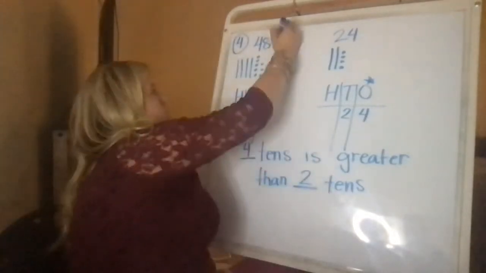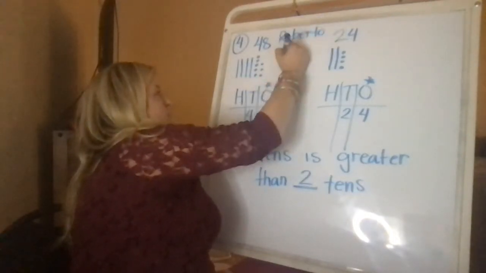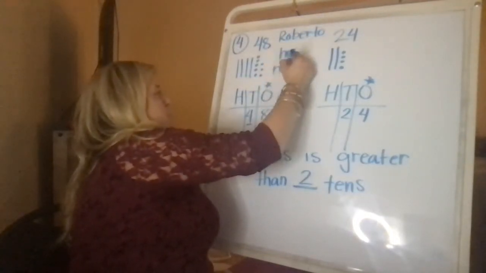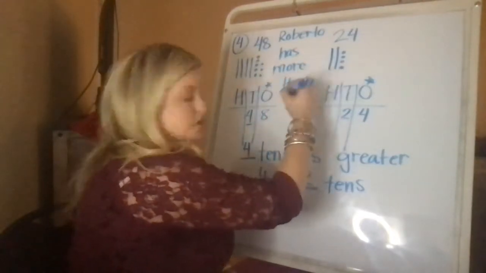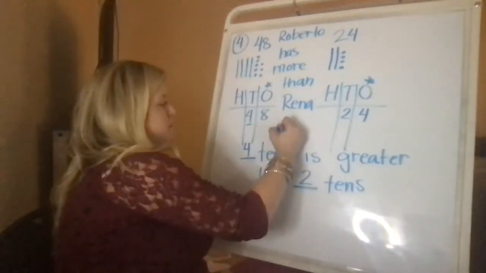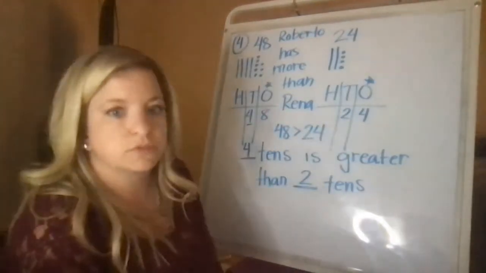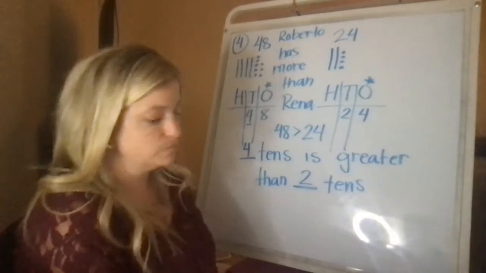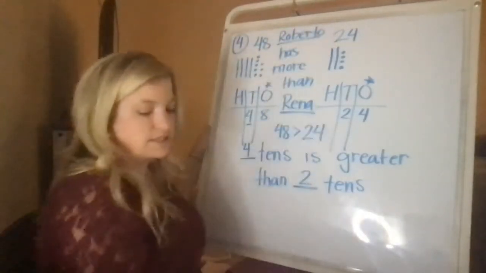So Roberto has more than, what's her name? Rena. And it would look like this. 48 is greater than 24. Roberto is going to be the first line. Rena is the second line.